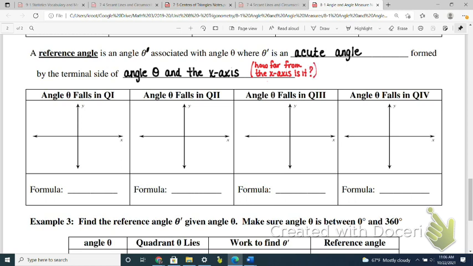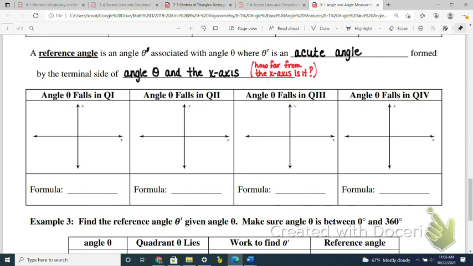So again, there's some formulas down below, and I'm going to give them to you, but when we do it, we're not going to look at necessarily the formulas. I don't want you to get bogged down by the formulas.